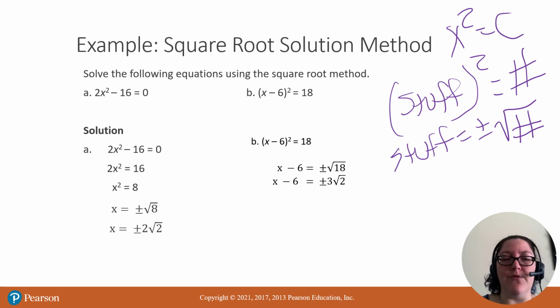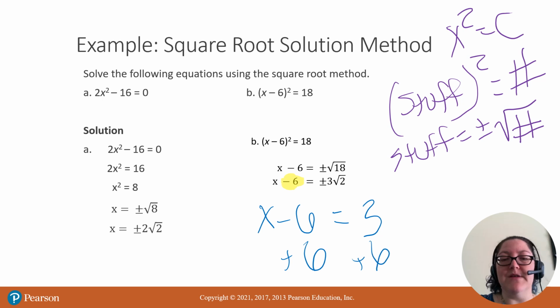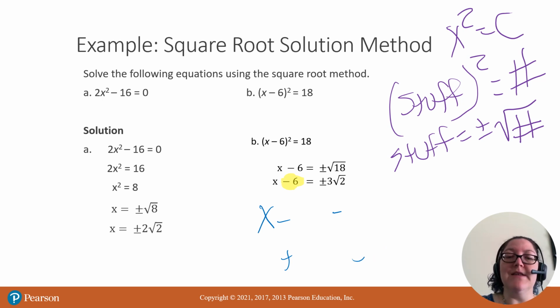Okay, but I still haven't solved. I don't have x equals. And I notice that now I need to get rid of the minus 6. Now, if this was just a regular normal problem, meaning if this was x minus 6 equals 3, we would add 6 to both sides, right? Now, I'm still going to add 6 to both sides here.